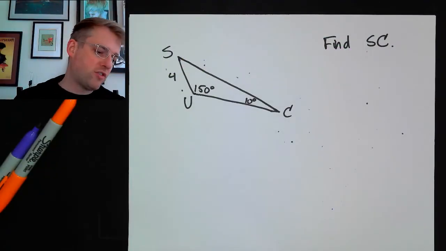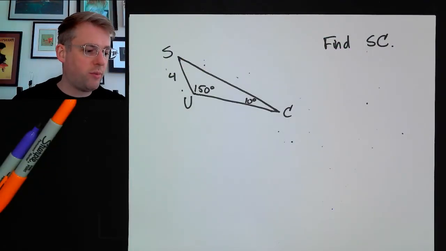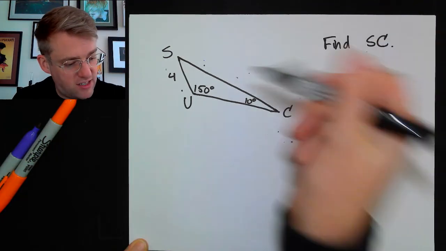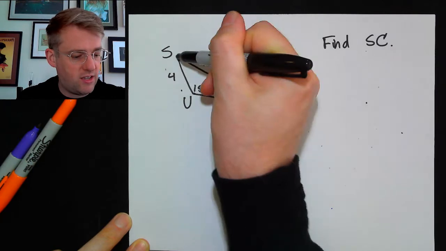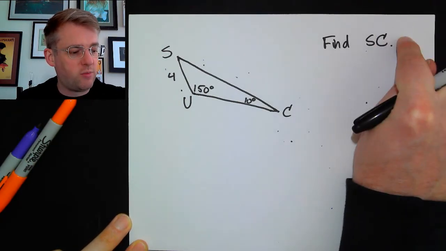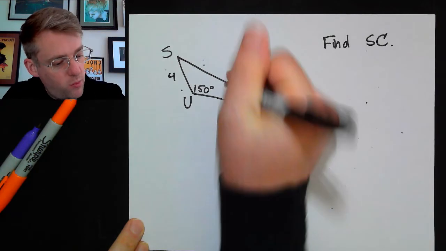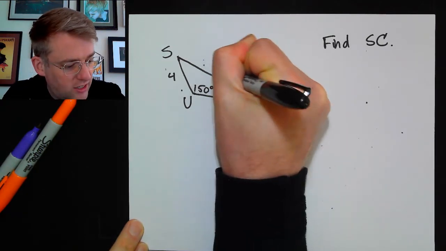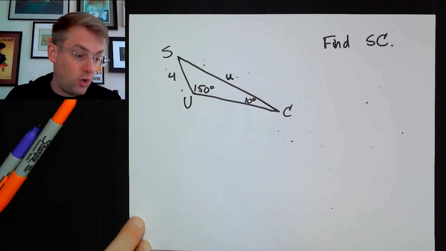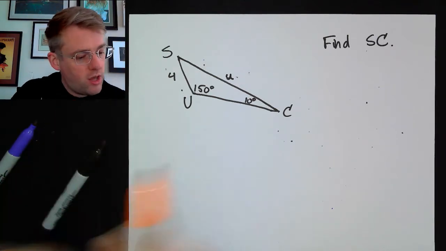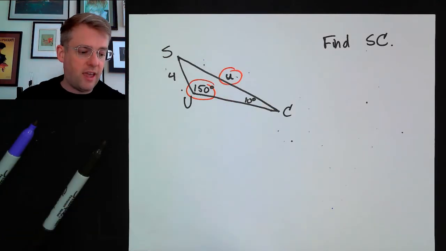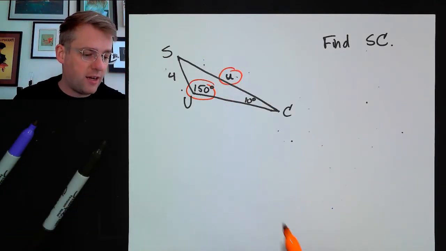So here we have triangle SCU, and we're being asked to find SC. Line segment SC connects point S and C, and without the line segment symbol on it, this just means a distance. We would probably call this little u because it's the side across from angle U. So one of our pairs is the 150-degree angle and the unknown side.